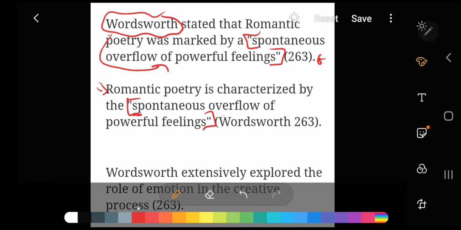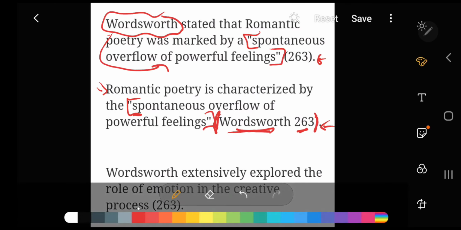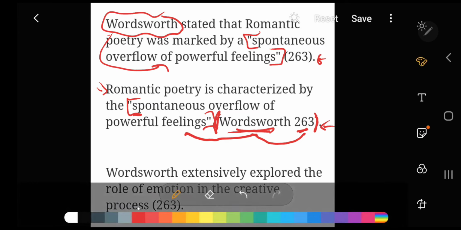It's still there in parentheses after the quote, before the period at the end of the sentence, but now I've got the author and the page number. So I know that on page 263 of a work by William Wordsworth, he said spontaneous overflow of powerful feelings. I can just go down to your works cited page and find that work by William Wordsworth.